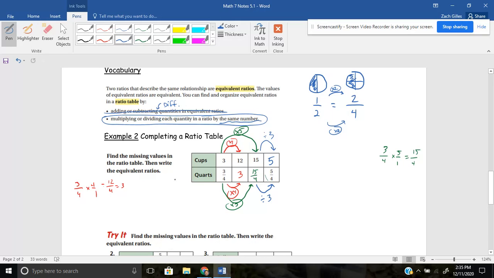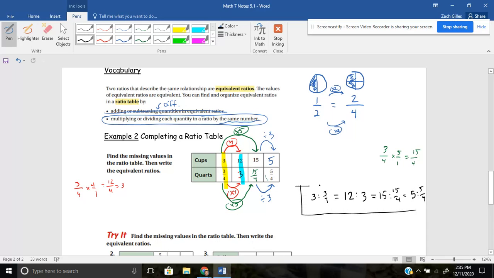It says then write the equivalent ratios. So here's my first ratio, 3 to 3/4. So let's write that. 3 to 3/4 is equivalent to, my next ratio is 12 to 3, which is equivalent to, my next ratio is 15 to 15/4, which is equivalent to my last ratio, which is 5 to 5/4.